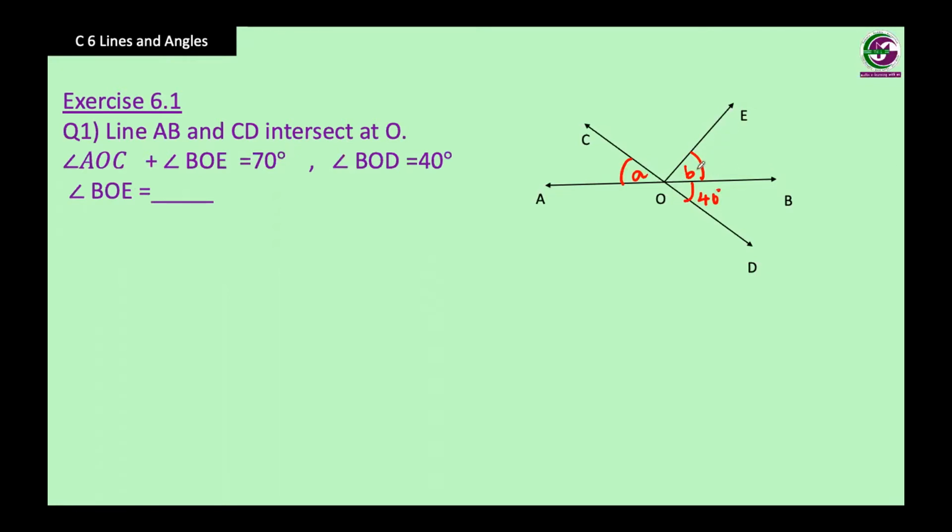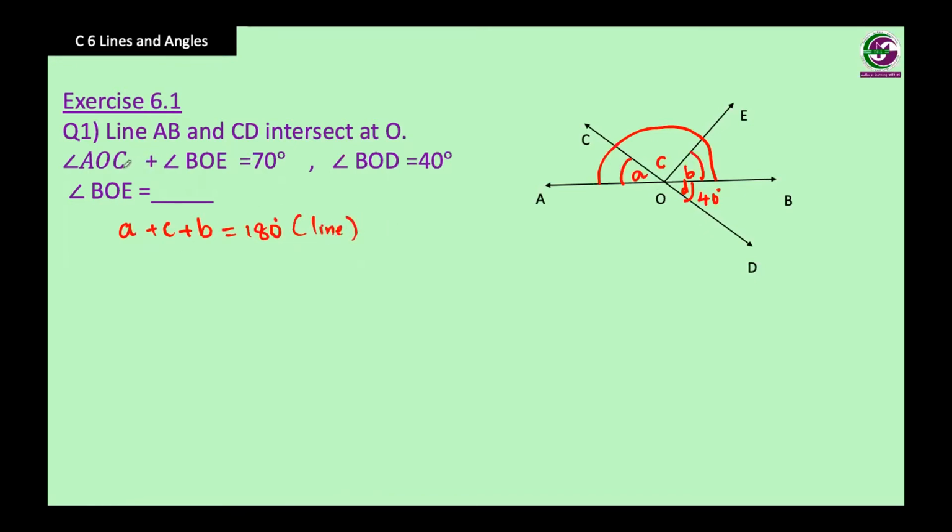Now the question is to find angle BOA separately. Now in between there is an angle missing. Let us name this as angle C, and the last one is angle D. We know that AOB is a straight line. So we can see that A plus C plus angle B altogether is 180 degree because that is on a straight line.